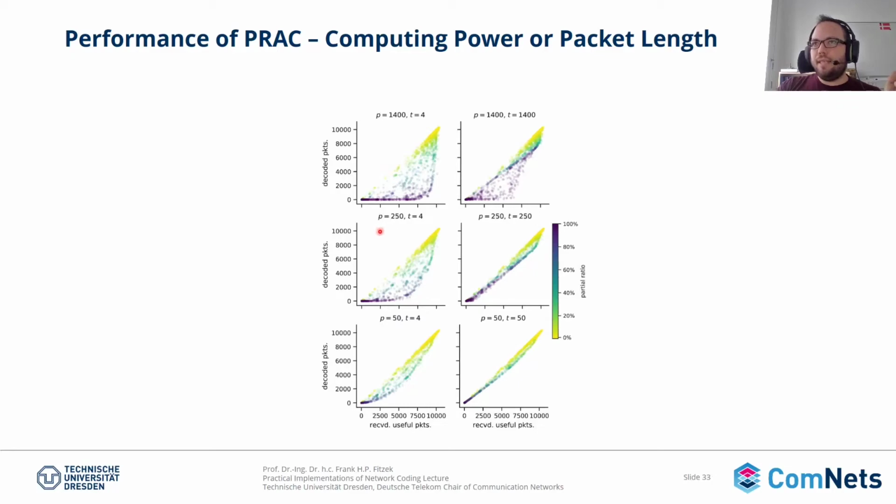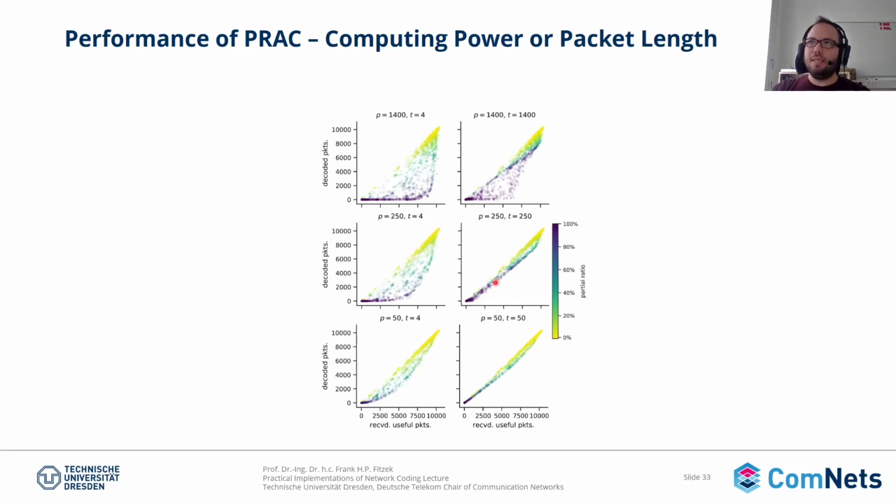By shortening the length of the packet, we also have an impact on how many packets we can decode. In this case, by reducing P from 1400 to 250, we can correct errors and decode a lot more packets.